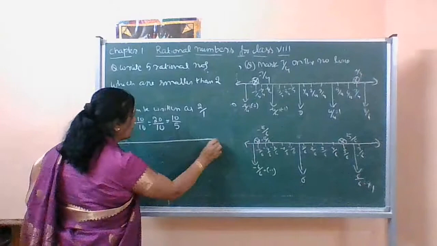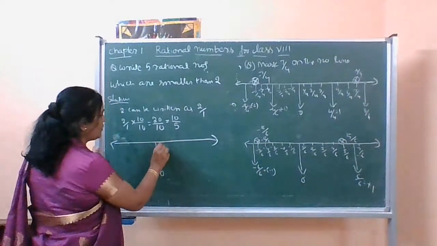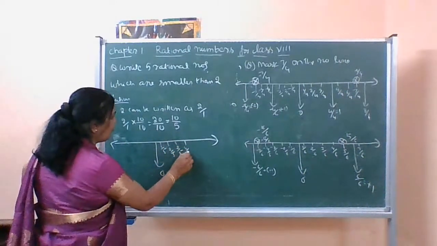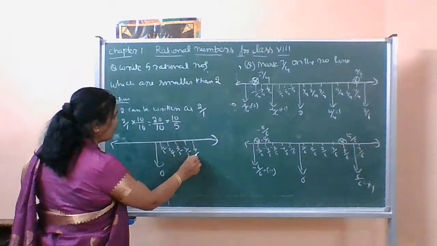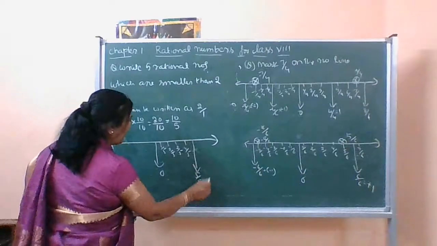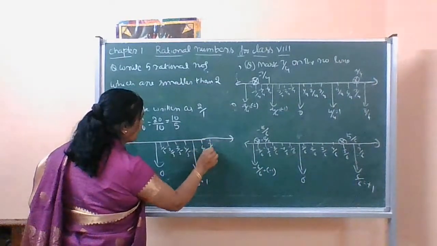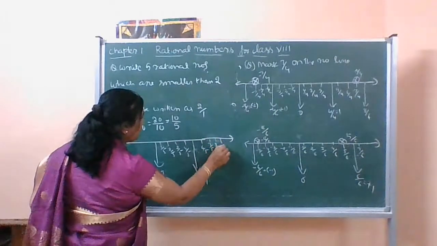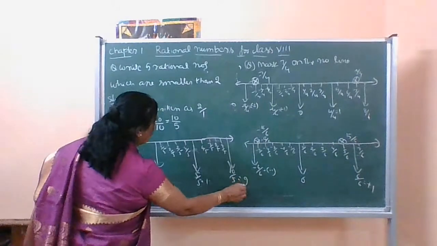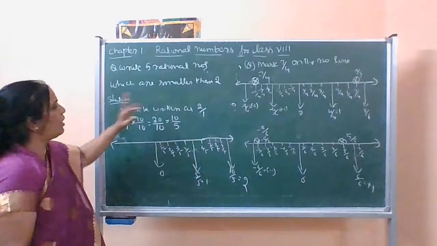See, you can show it on the number line also, and this is 0 and this is 1 by 5, 2 by 5, 3 by 5, 4 by 5 and 5 by 5 is 1, and then 6 by 5, 7 by 5, 8 by 5, 9 by 5, and 10 by 5 is 2.